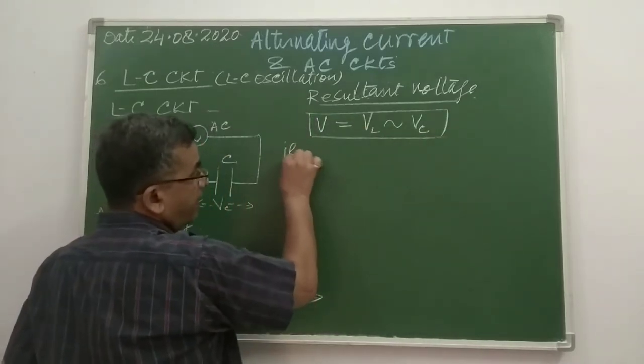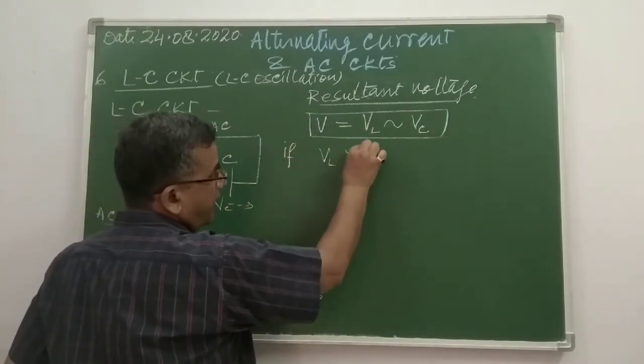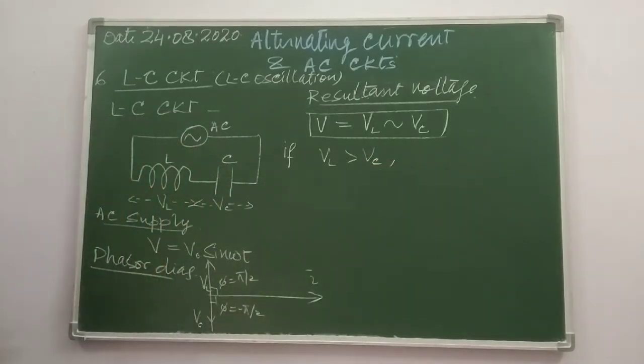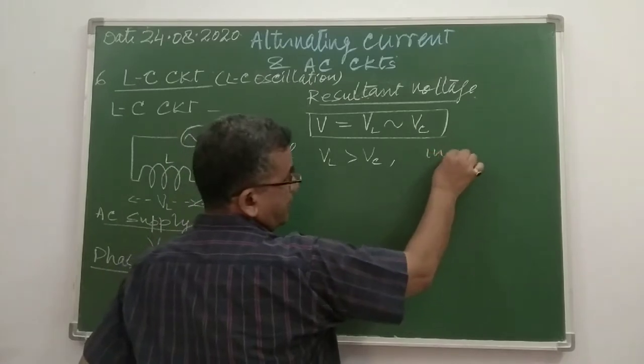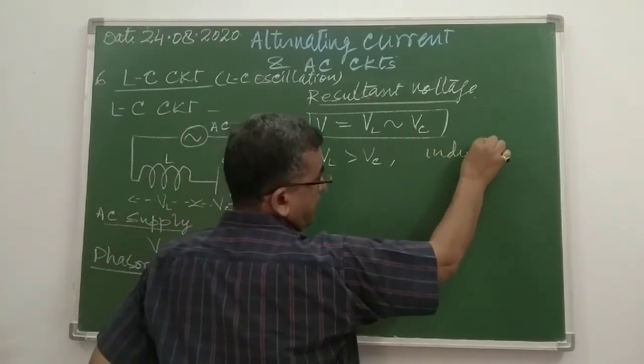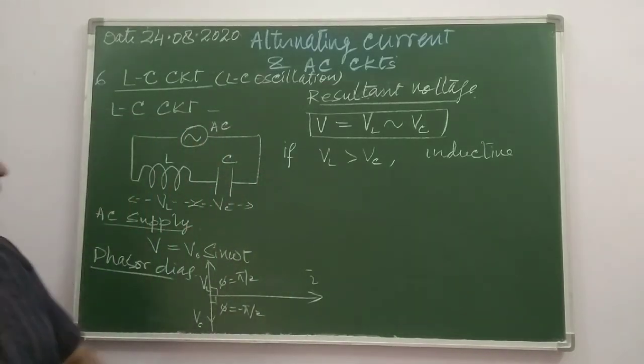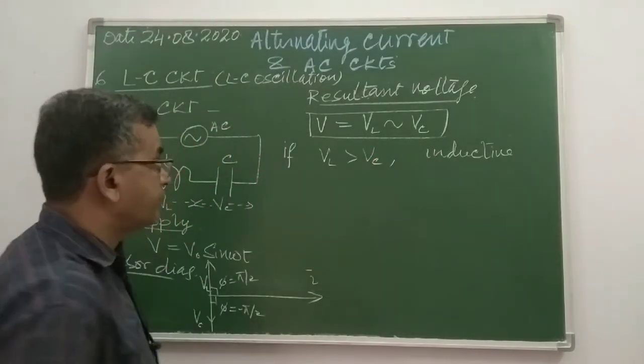If VL greater than VC, the circuit will be inductive. So impedance will be inductive.